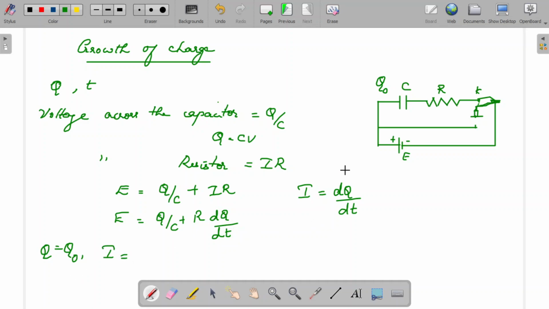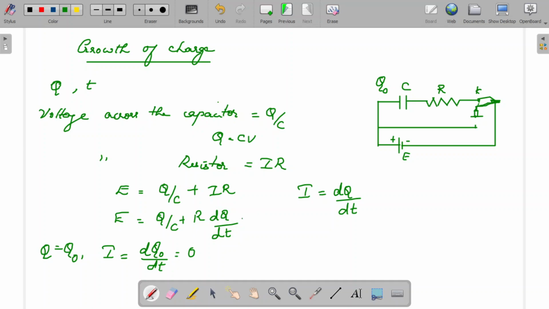I is equal to dq by dt again, but the rate of change has now stopped. The charge has grown, charge has developed, and it has become maximum. At that instant there is no variation in the charge, so I can say dq by dt is equal to 0.